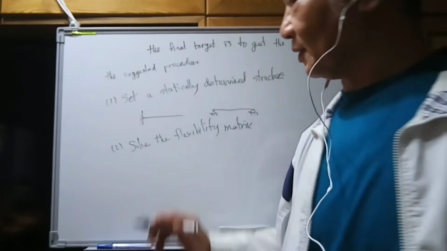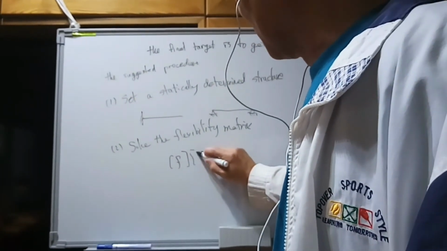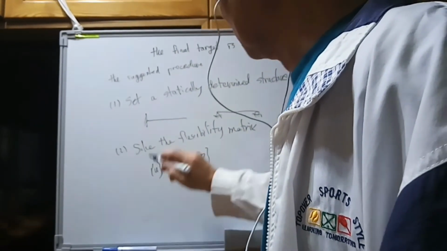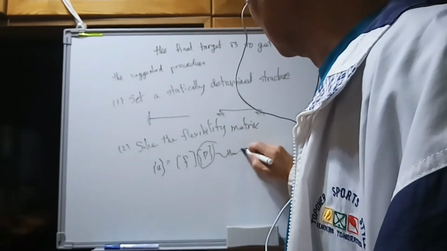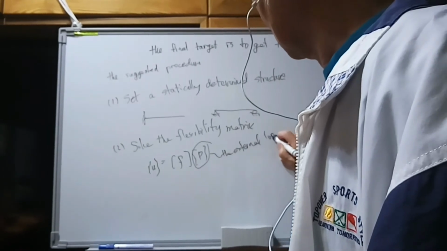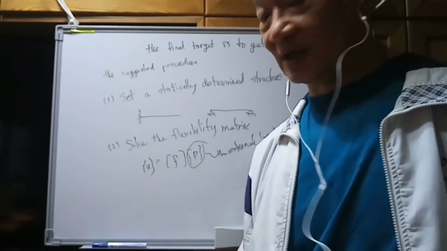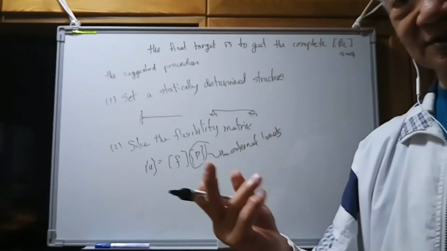The flexibility matrix multiplied by the end force can give you the end displacement. Usually they are the external load. The F is the flexibility matrix. The U is the end displacement.